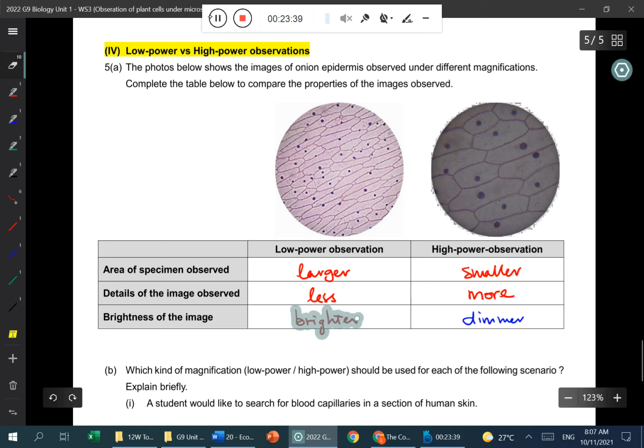So we got to explain why it is. And I think this picture would help. Again, remember that high power observation is just observing a smaller area.